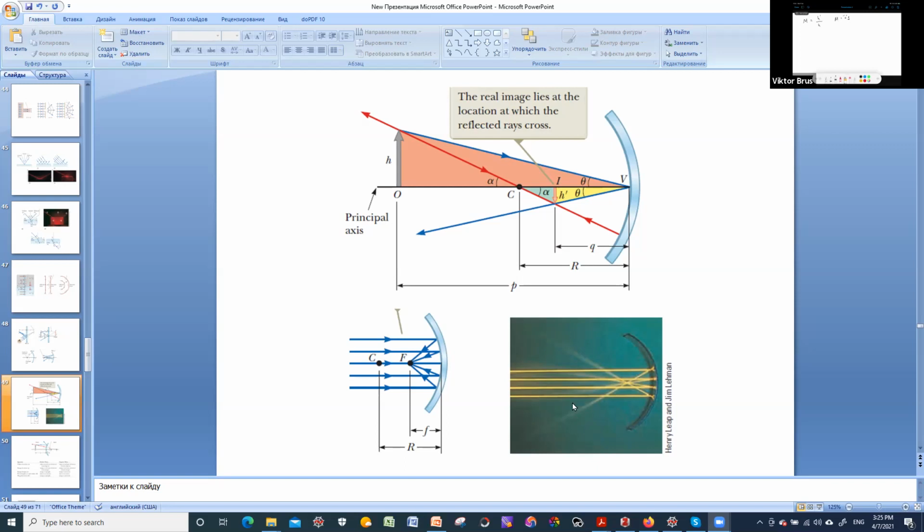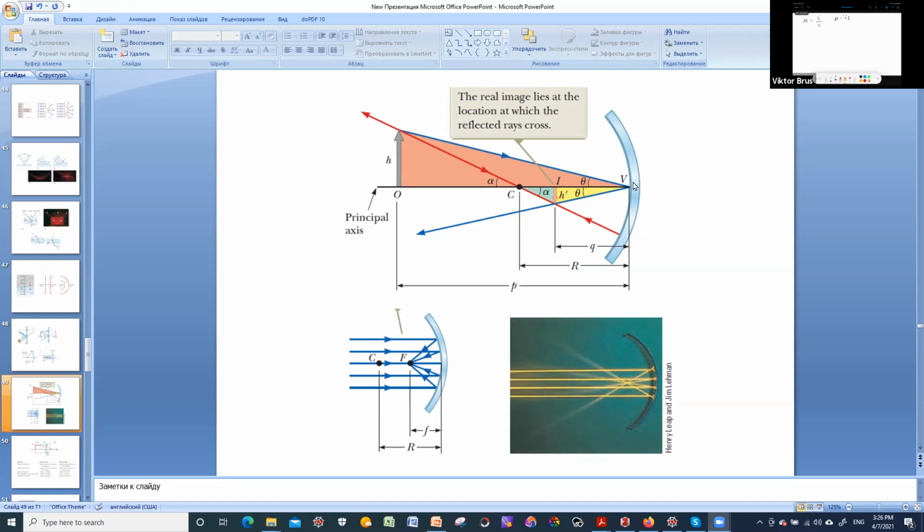If the object is located at distance p from the center point of the concave spherical mirror, and the curvature of this spherical mirror is also known, which is the radius of the circle that defines the curvature of the mirror, then we can build the image.